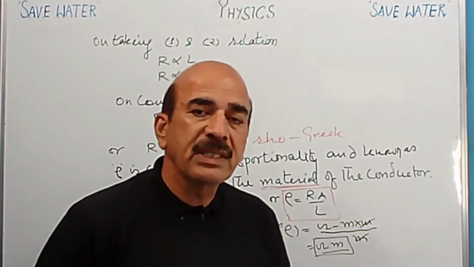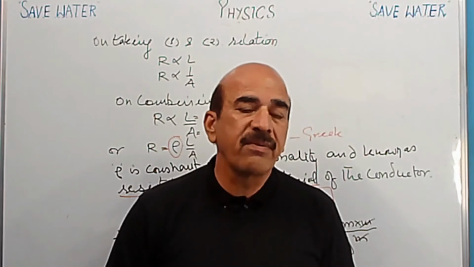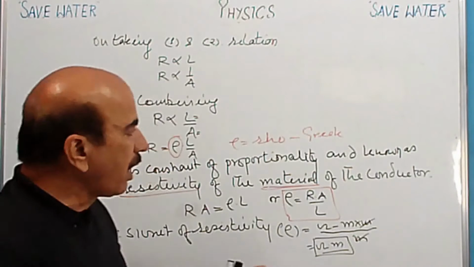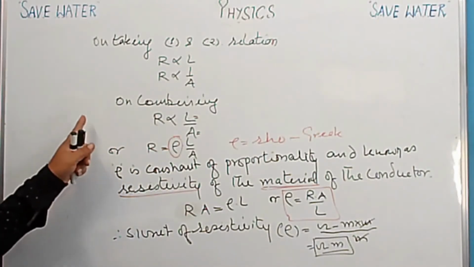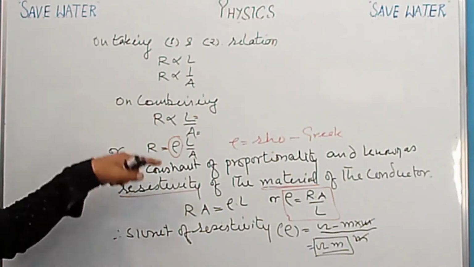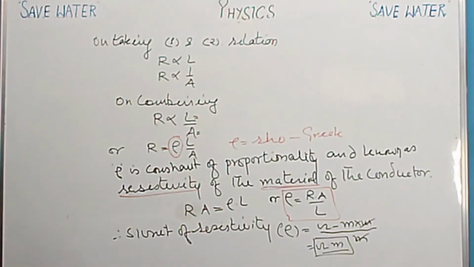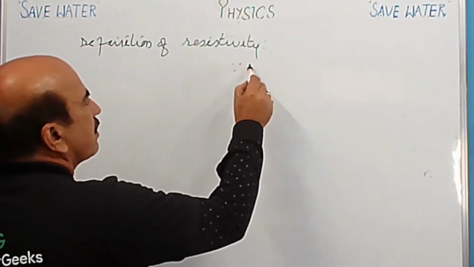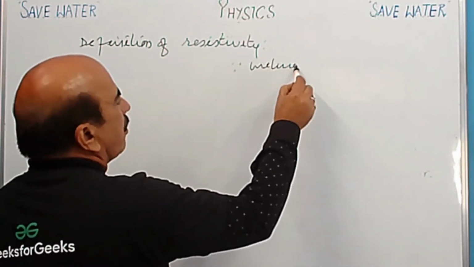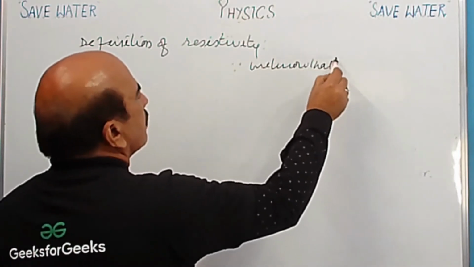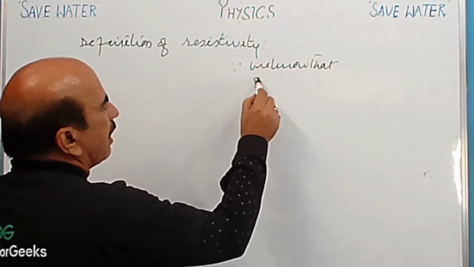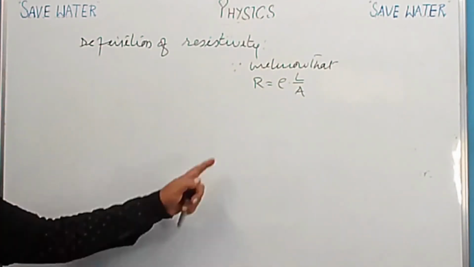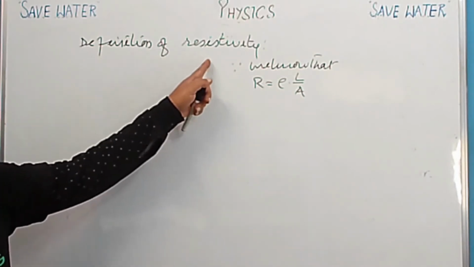Now the question is how will we define resistivity? So now we are going to define resistivity, so note it down. Since we know the relationship R is equal to rho L upon A, we shall use this relationship to define resistivity.